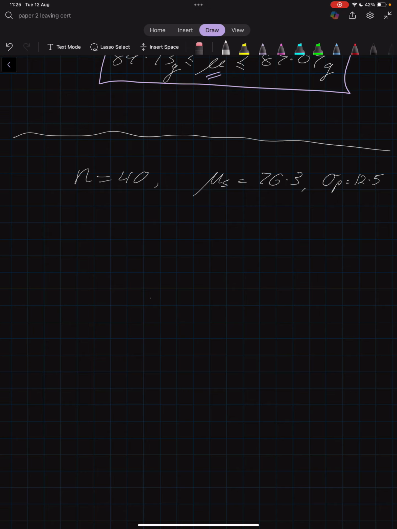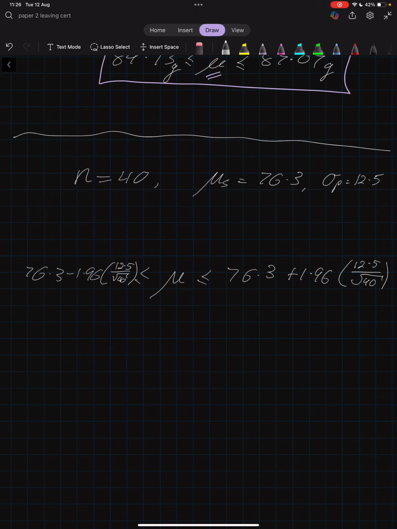So the average, mu, is again going to be less than or equal to 76.3 plus 1.96 sigma over root n. Okay, plug that into your calculator, you get 72.43.